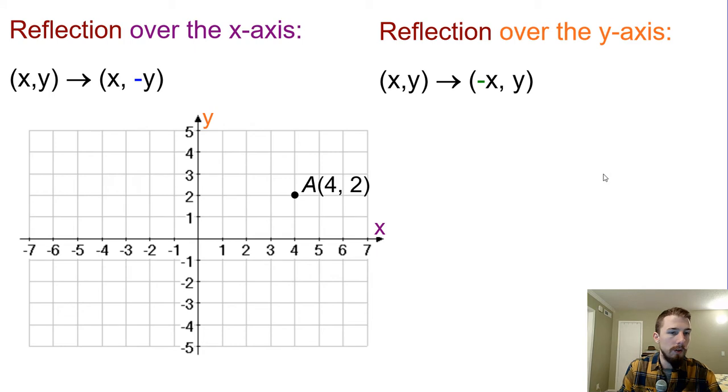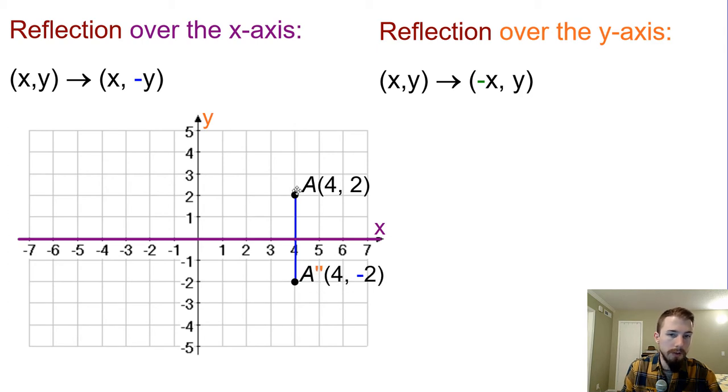All right, so let's reflect the point just in review. Reflect the point A, which is (4, 2), across the x and the y-axis. So across the x-axis, that's going to go down 2, and then down 2 more is going to be (4, -2). So the image of that would be the point (4, -2).